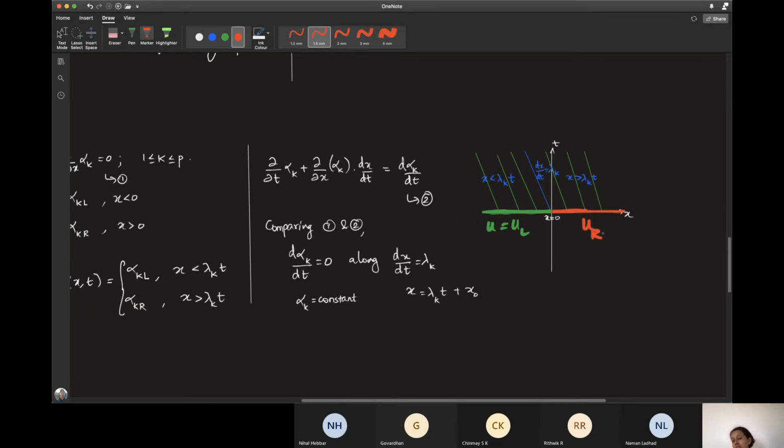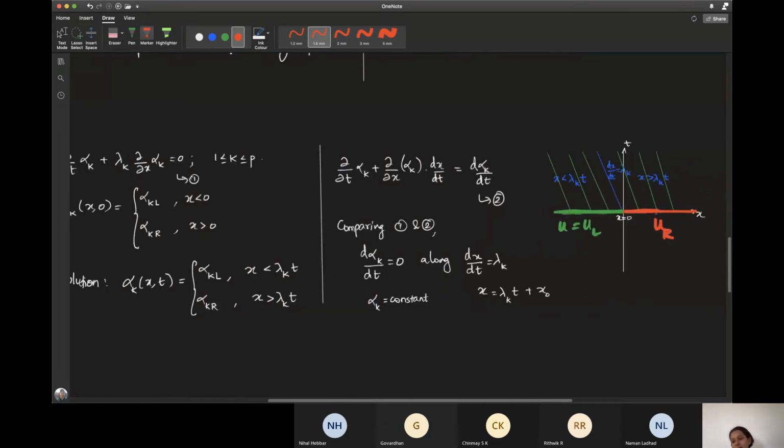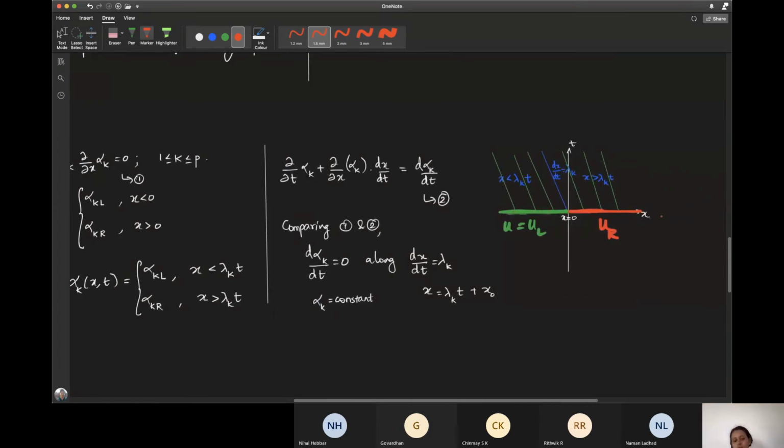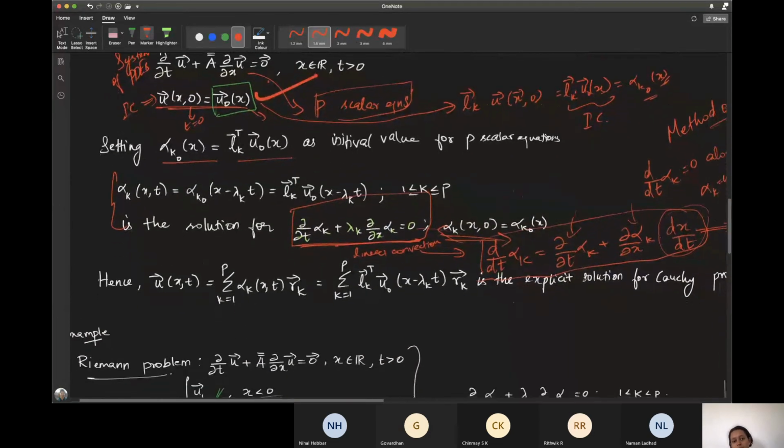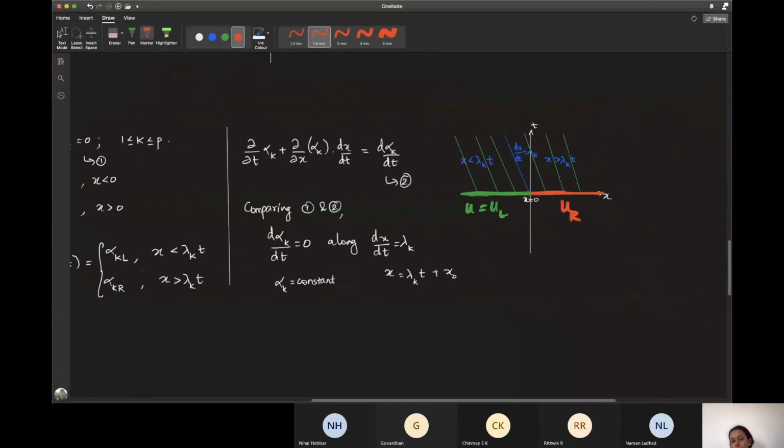We are just fixing this as the initial condition. The initial condition can be anything. At each and every x, you can have different values for u. That is what we dealt with previously in a general case. Now we are just fixing u to be ul on one side of x equals 0, and on the other side of x equals 0, we fix u to be ur.